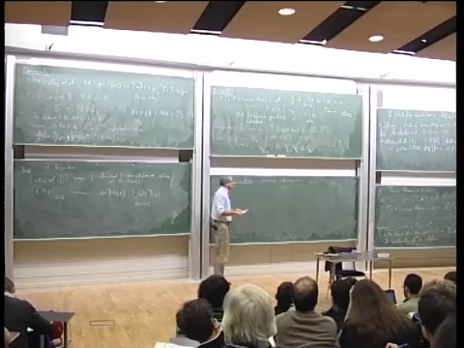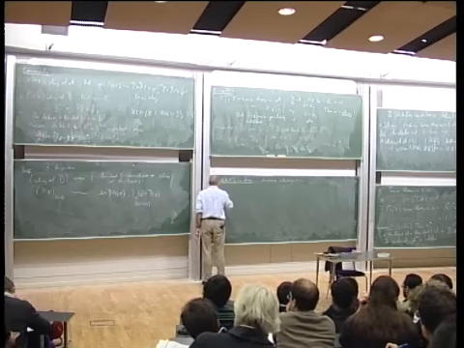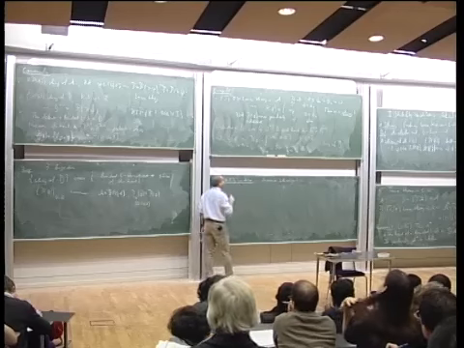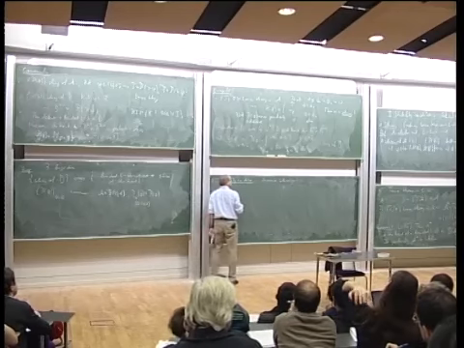Okay, so let me first fix a few notations. Again, let me do this first on the abelian category, and then I later color this in red when I pass to the triangulated category.